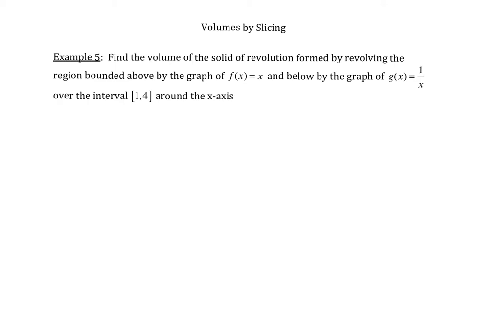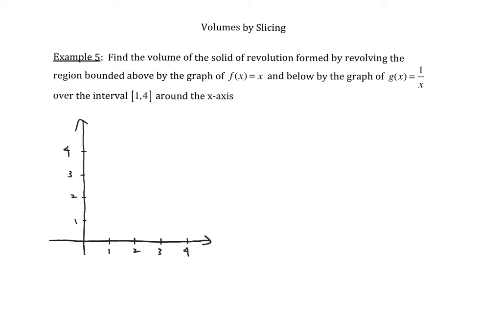So let me draw the y-axis like this. Let's have our x-axis like this. And let's go 1, 2, 3, 4. And then we'll have 1, 2, 3, 4 like that.